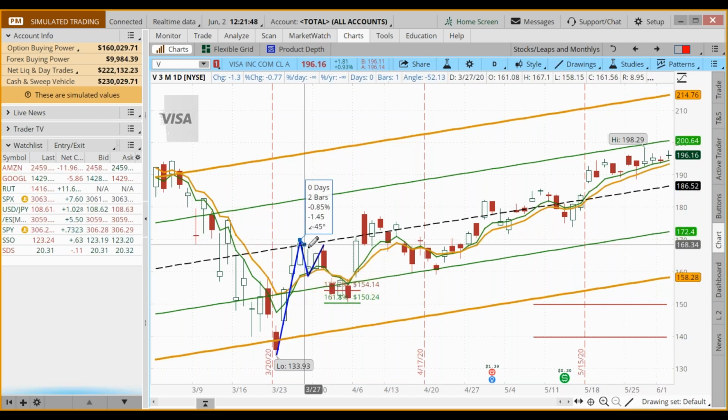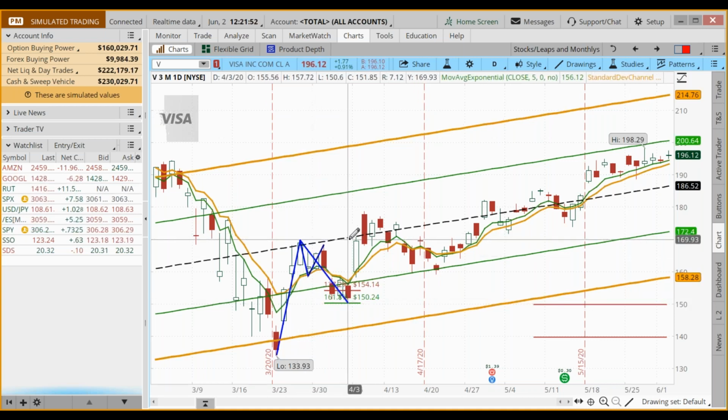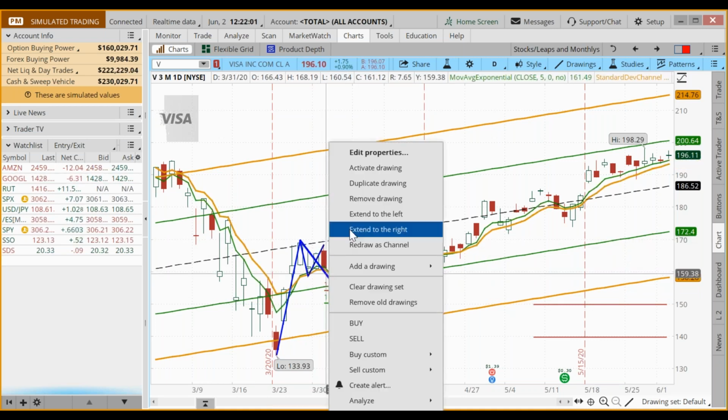We took it from the high all the way down to the low, and then it made a measured move right here. Okay, let's continue on.